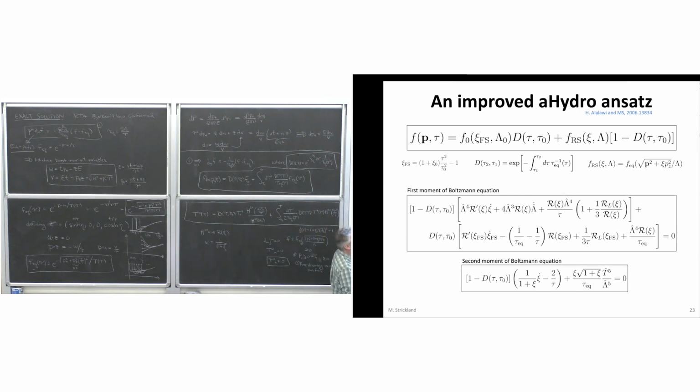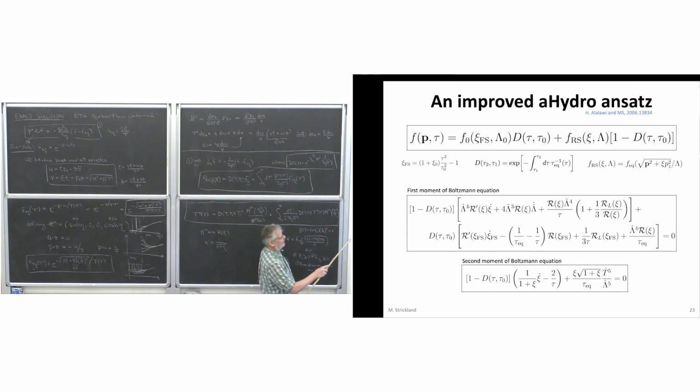The idea was that we take a free streaming form for the first term, multiplied by one of these damping functions like we had out of the exact solution, and then this normal A-Hydro ansatz multiplied by 1 minus the damping function. At early times you'll be dominated by the first term because the damping function is 1, and at late times you'll be dominated by the second because the damping function is 0.